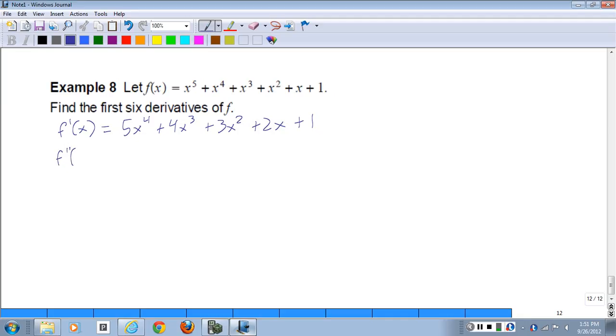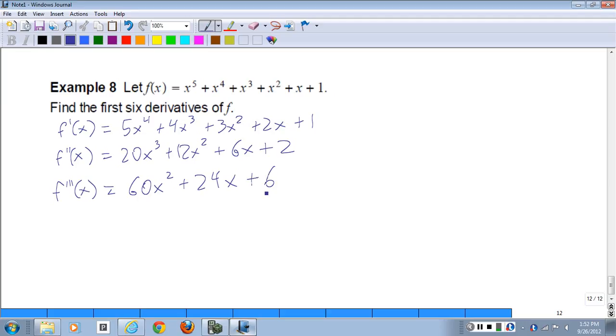F double prime of x equals 20x cubed plus 12x squared plus 6x plus 2. F triple prime of x equals 60x squared plus 24x plus 6. It gets faster because we have one fewer term to deal with each time.